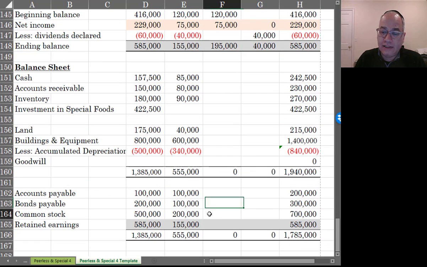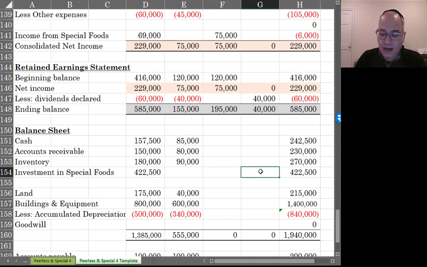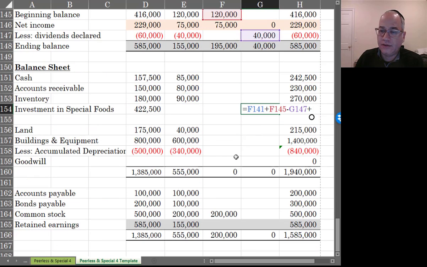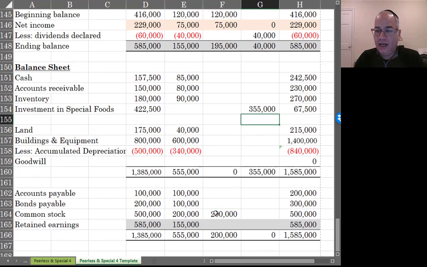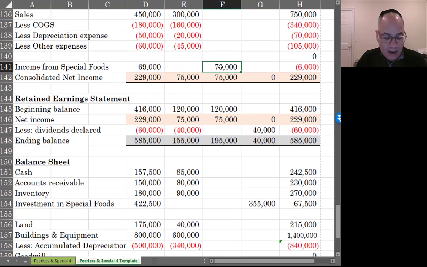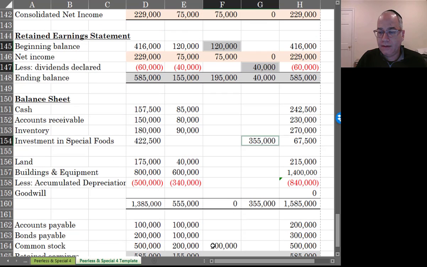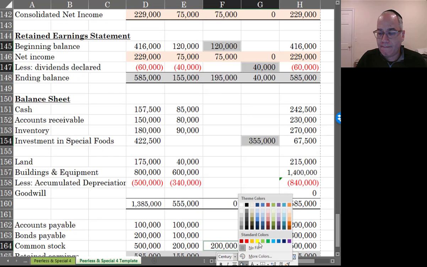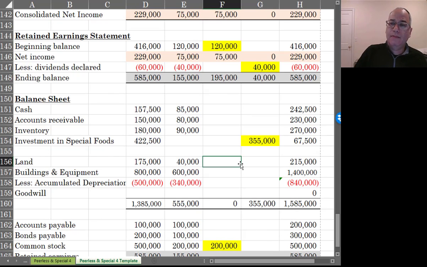I'm also going to debit common stock for $200,000, and the plug between all of these, that'd be 75 plus 120 minus 40 plus 200, is going to be a credit to investment in Special Foods for $355. There you go.